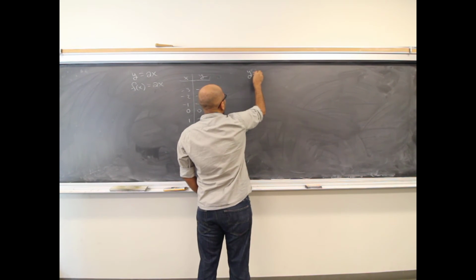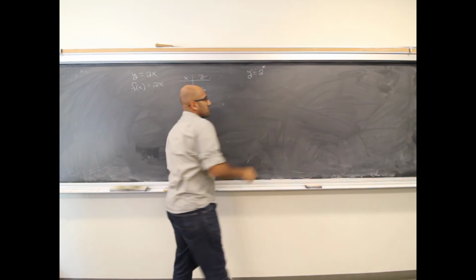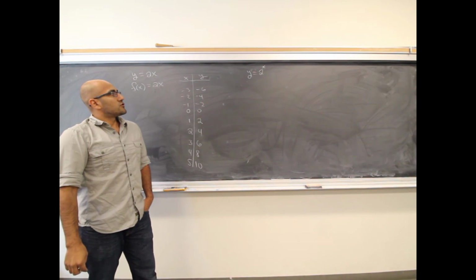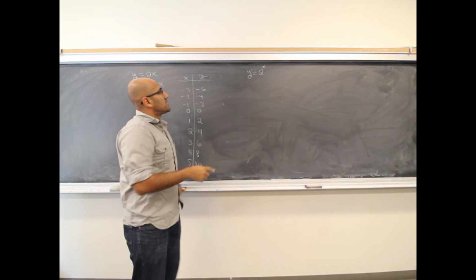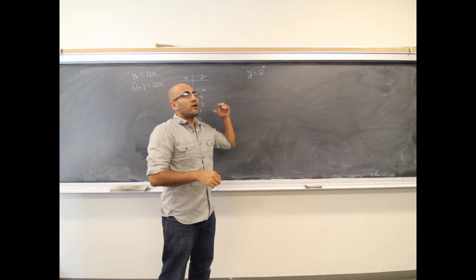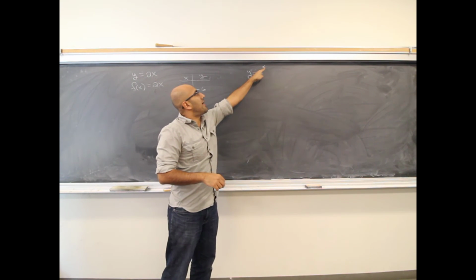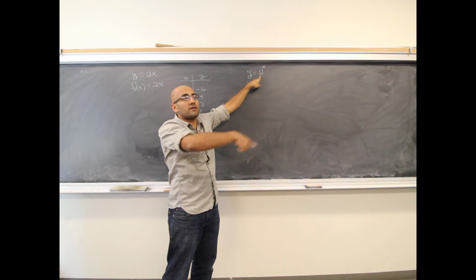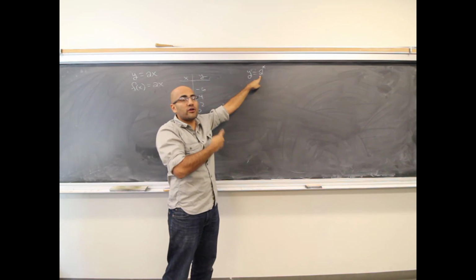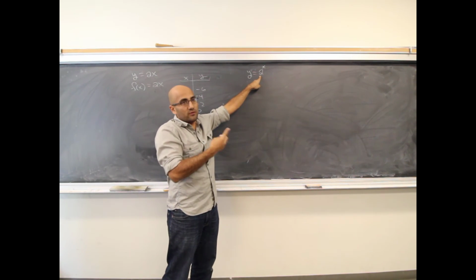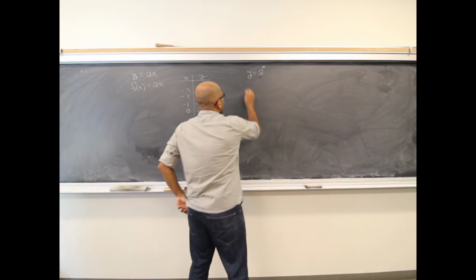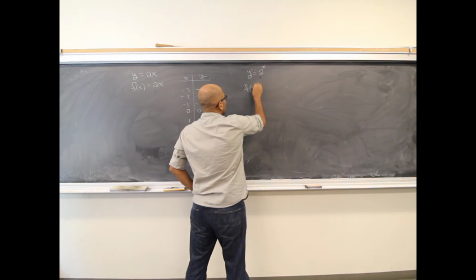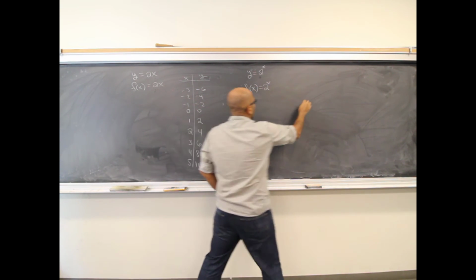Okay, what about the other one? Well, this one is y equals 2 to the x power. So when you input a value, this isn't doubling your input. You're saying the input value is how many factors of the 2 you're going to have, how many multiples of the 2 you're going to have. So we can write this in function notation as 2 to the x power.